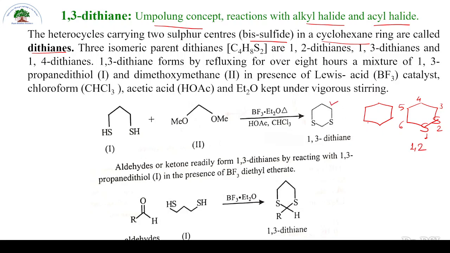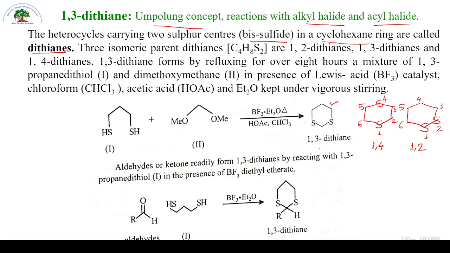This is 1,3-dithiane. And if two sulfurs are present at the 1, 4 position with respect to each other, then that dithiane is known as 1,4-dithiane. So these are the isomeric forms of dithiane: 1,2, 1,3, and 1,4-dithianes.